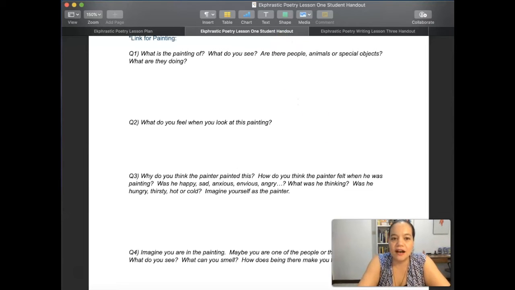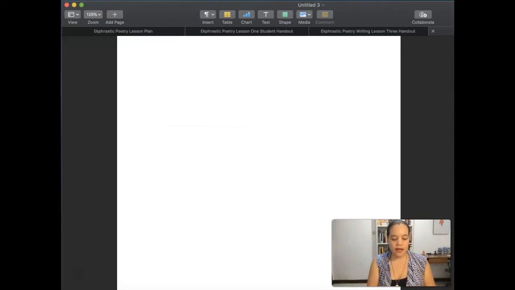What is the painting of? What do you see? Are there people, animals? So we could say, I see, there's a man, or maybe some people might think it's a woman. There are boats. She's on a bridge.